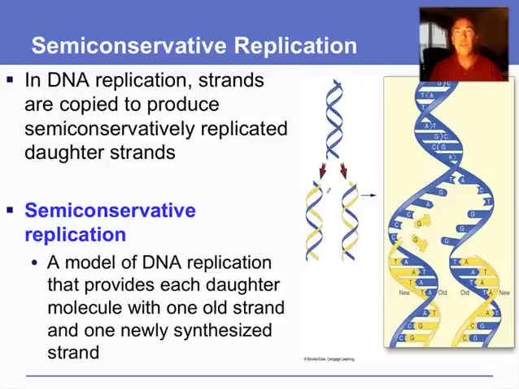You see how the original blue is separated. And then we create a new helix, that's the yellow here, on each of those original blues. And so each daughter molecule consists of one original blue strand and one new yellow strand.